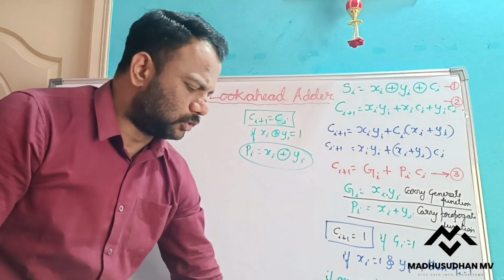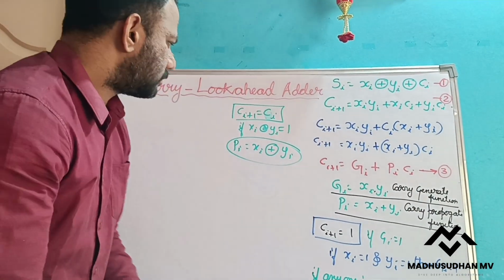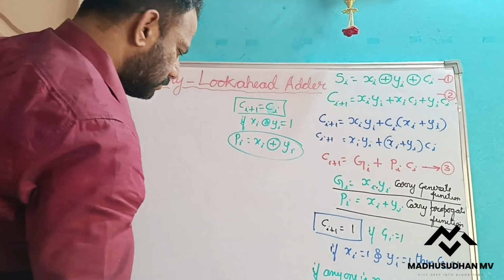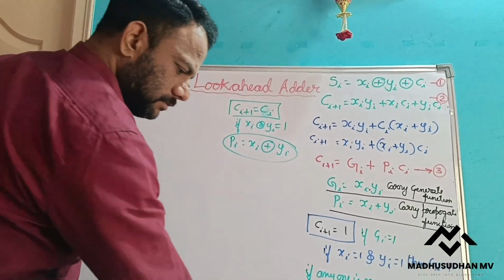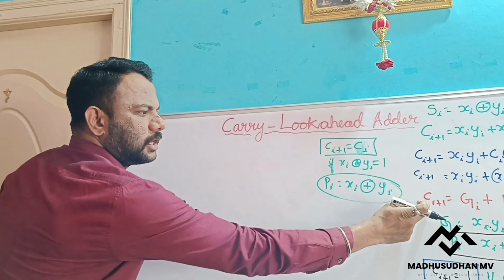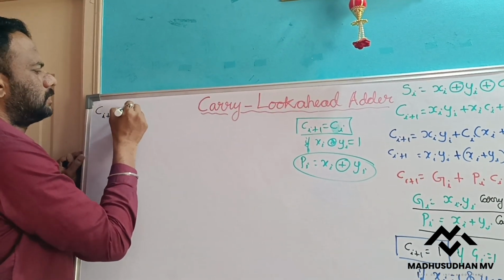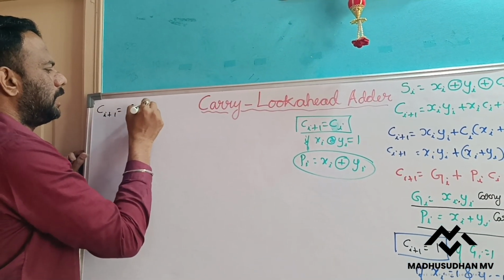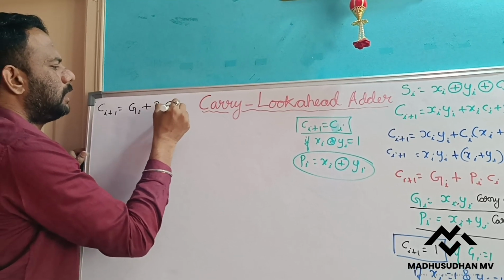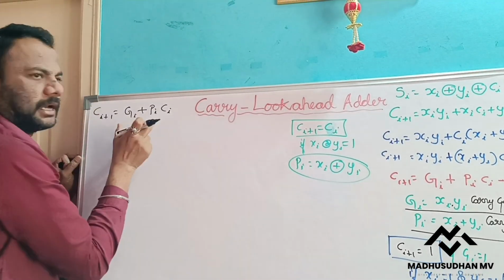Okay. So let us prove that. I will rewrite this equation 3 once again. That is Ci plus 1 is equal to Gi plus Pi into Ci. This is the same thing I rewrote.